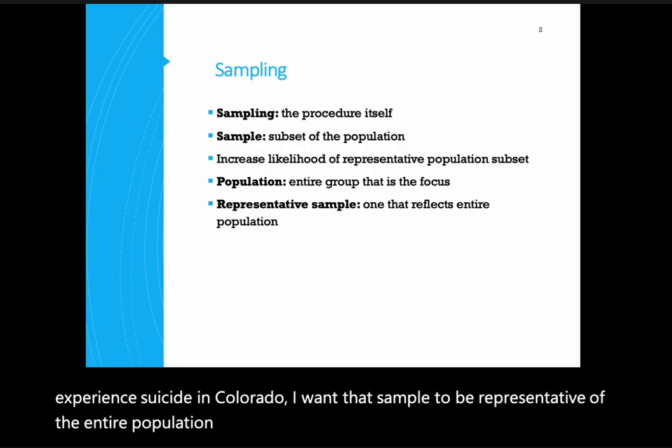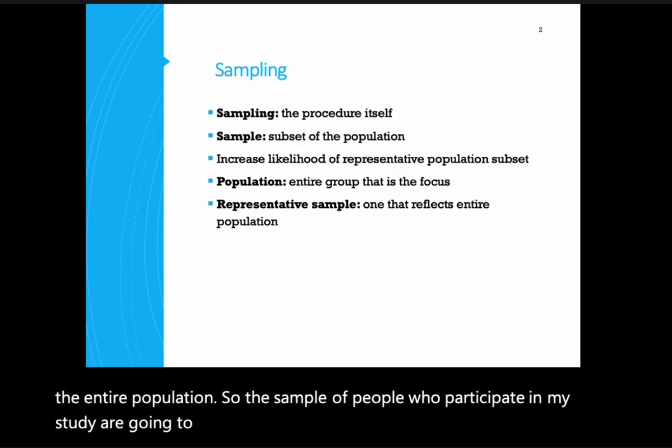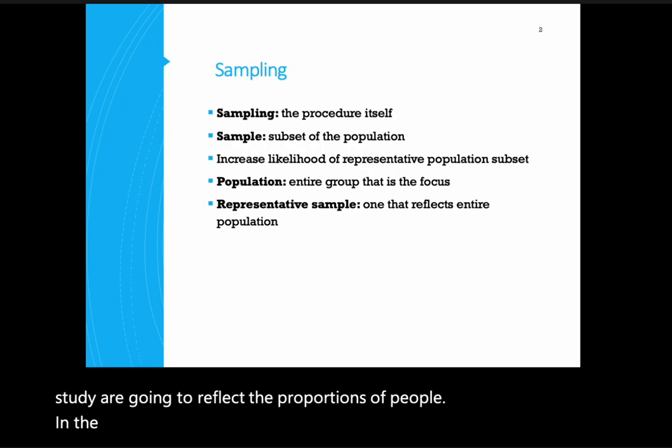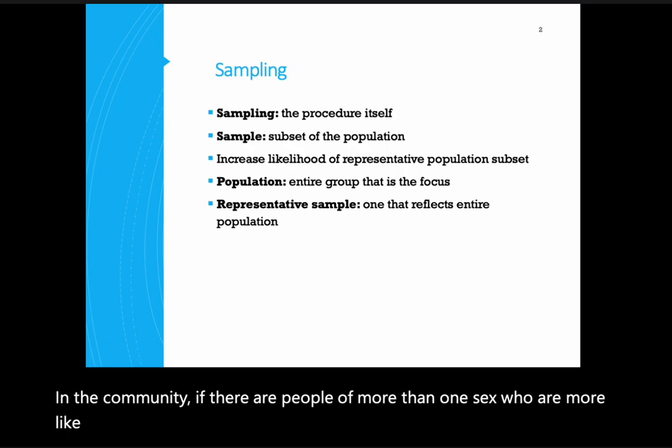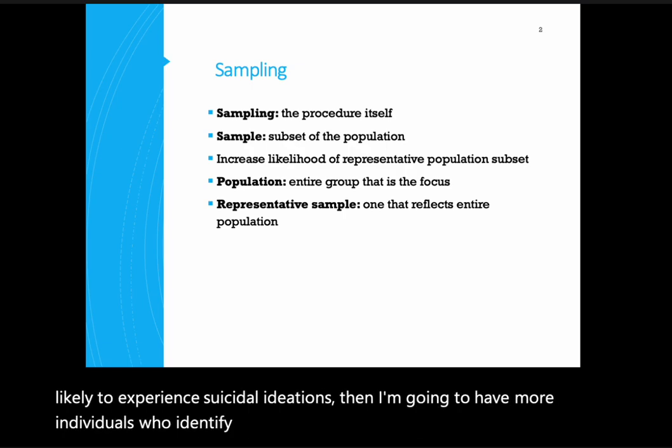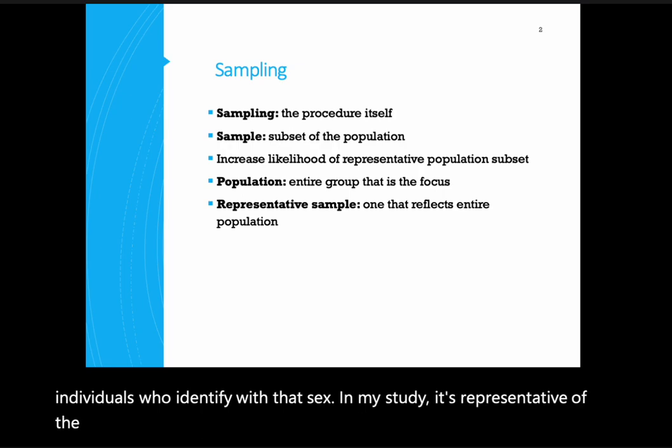The sample of people who participate in my study are going to reflect the proportions of people in the community. If people of one sex are more likely to experience suicidal ideations, then I'm going to have more individuals who identify with that sex in my study. It's representative of the greater population.